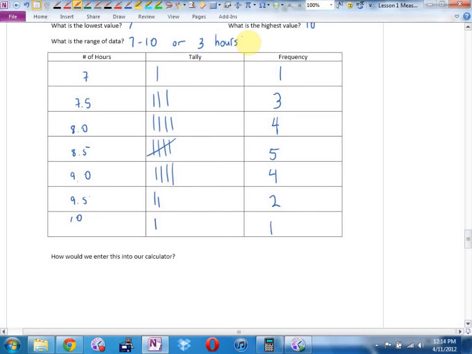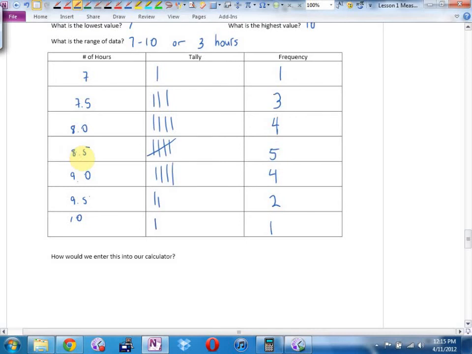I can figure out where they are because of how many pieces of data I've used up. 1 here, 4 in total here, 8 here. The 10th and the 11th pieces are both 8.5s. The median would be 8.5.